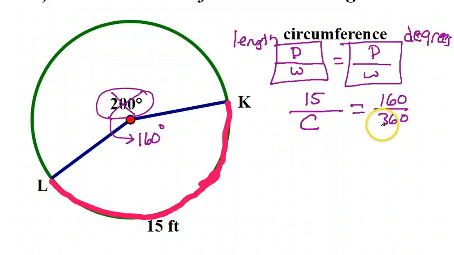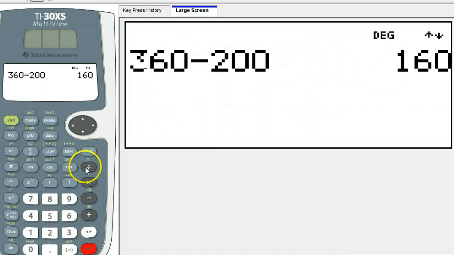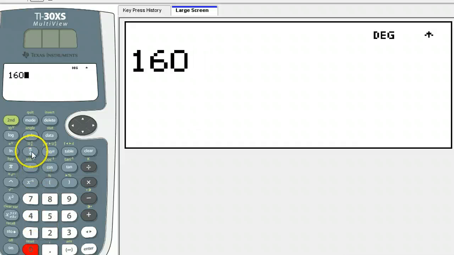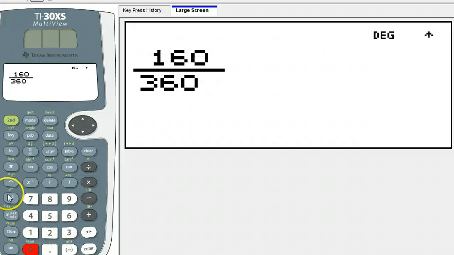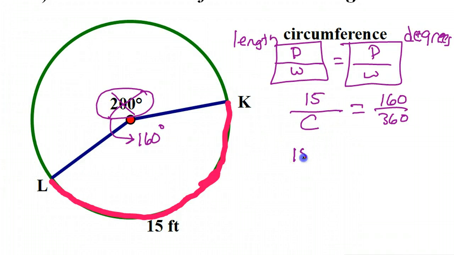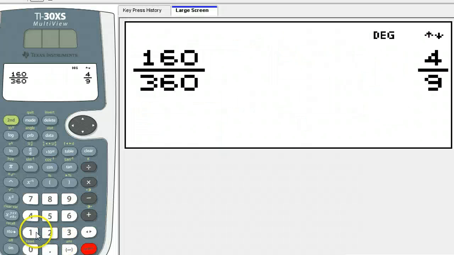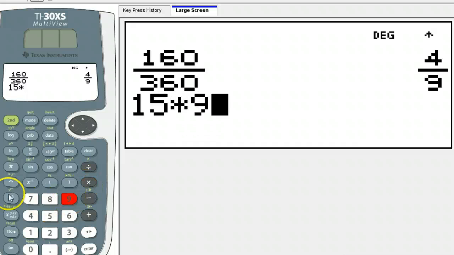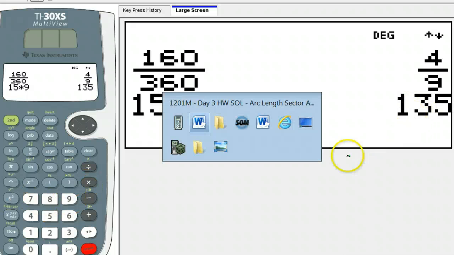Alright, the rest is really simple. Let's reduce this fraction. Okay, 4/9. So I have 15 over c is equal to 4/9. Cross multiplying, this gives me 4c is equal to 135.